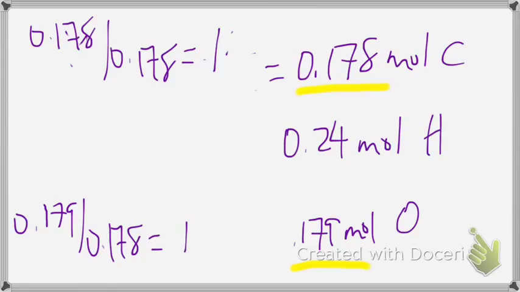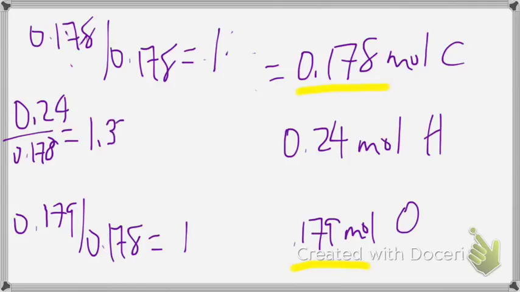So that means the ratio of C and O are the same. However, this is where this problem becomes more tricky. If you divide 0.24 by 0.178, you actually get 1.33. That's not a whole number.